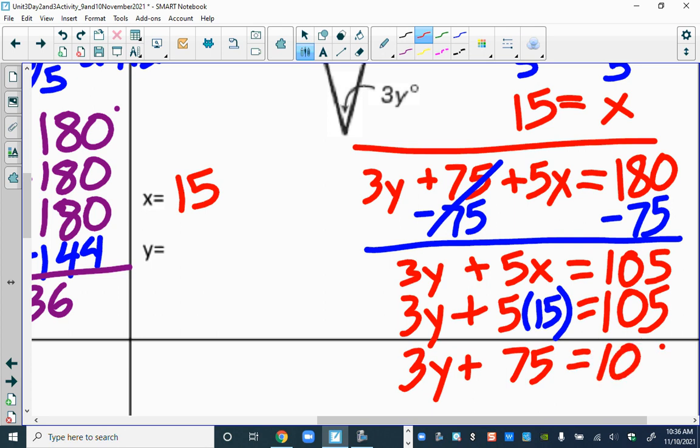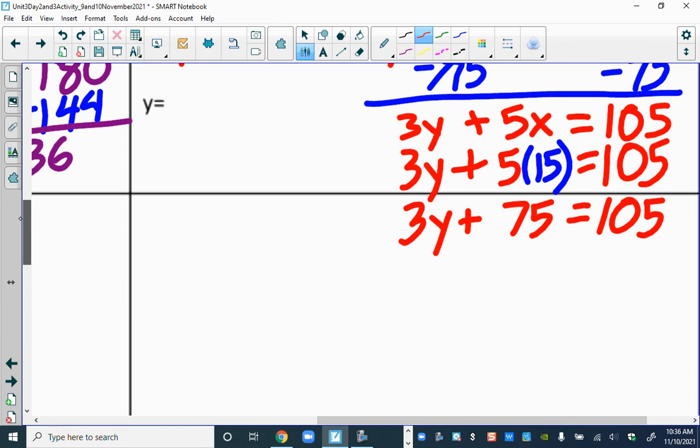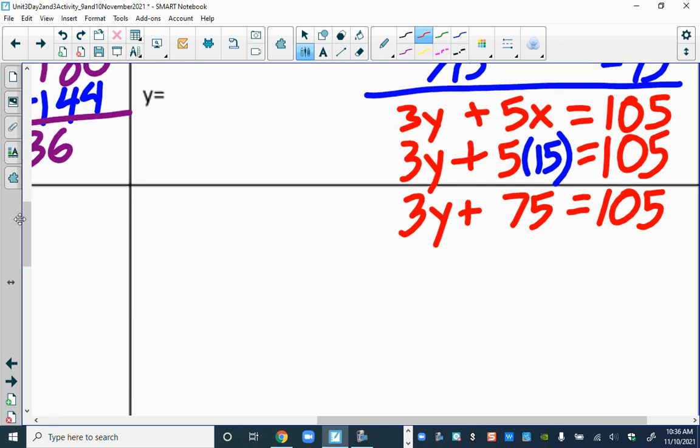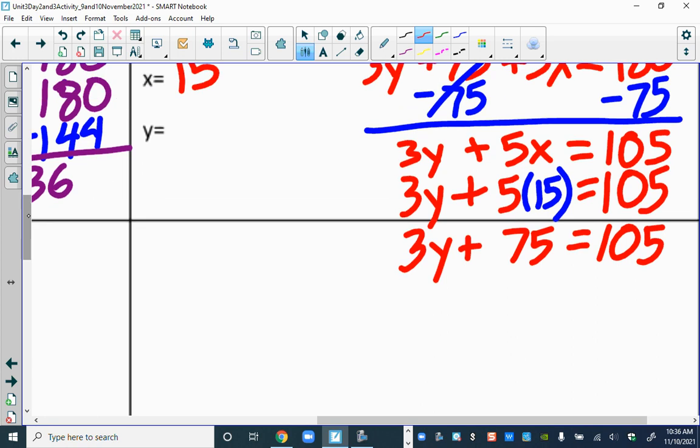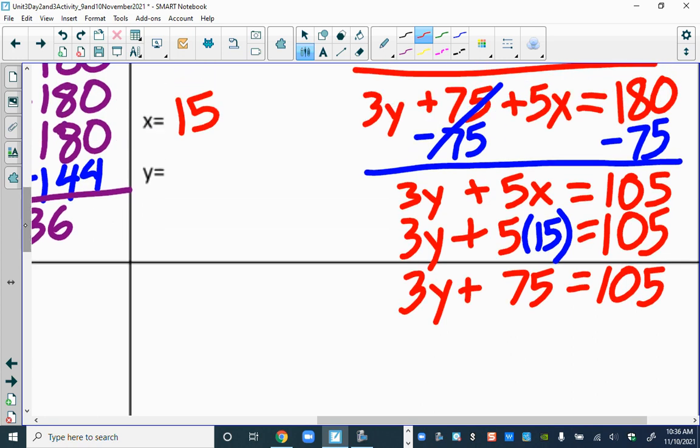So now we have 3y plus 75 equals 105. We're just now down to basically a two-step equation. So minus 75 on both sides.